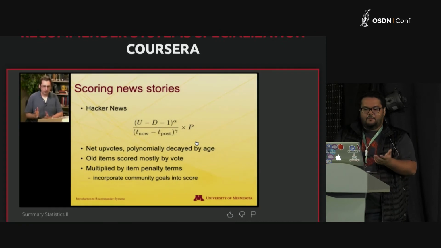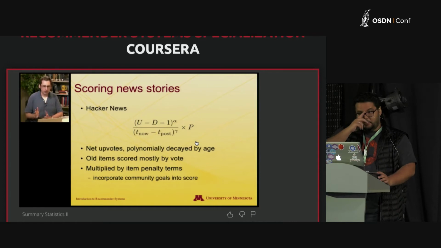This is, for instance, how Hacker News works. I don't know if you guys are familiar with Hacker News, but no matter how many upvotes a news item has, in pretty much a few hours or one day, it will be out of the first page.